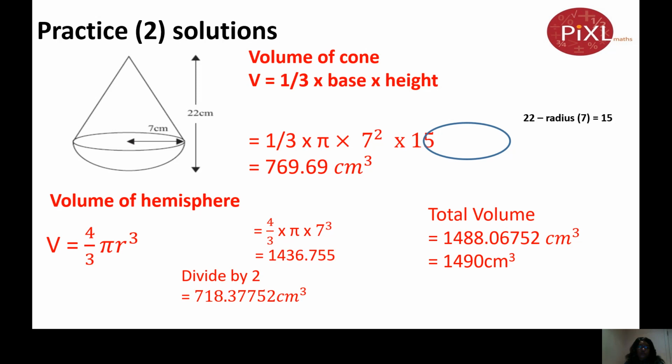We substitute and we get the answer, 769.69 centimeter cube. Now we need to find the volume of the hemisphere, and that will be, find the volume of the sphere first, divide the answer by 2, and then that will give us finally the total volume for this whole shape, which is the volume of the cone plus the volume of the hemisphere.